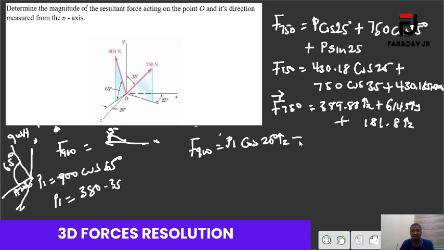So we'll get a resulting value of P sine, because we don't know the angle to where we are going. So we are going to resolve it in terms of sine. So we have the 20 degrees, and that will give us P sine 20 in the x plane.